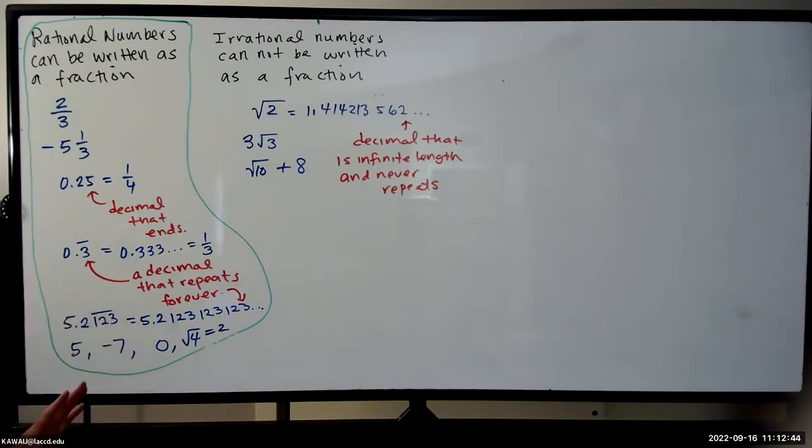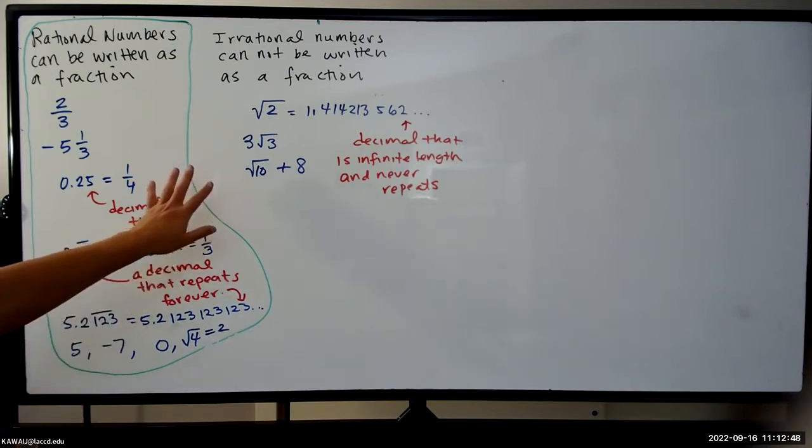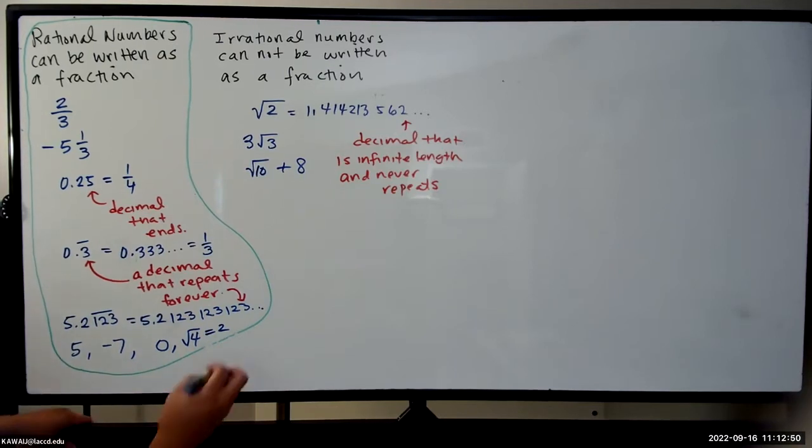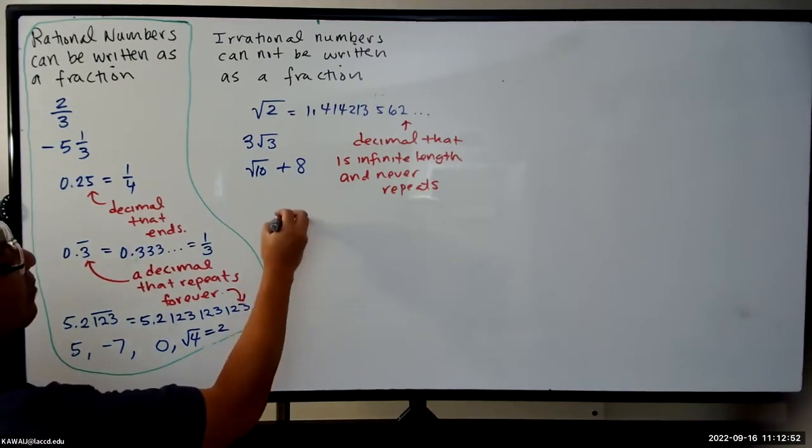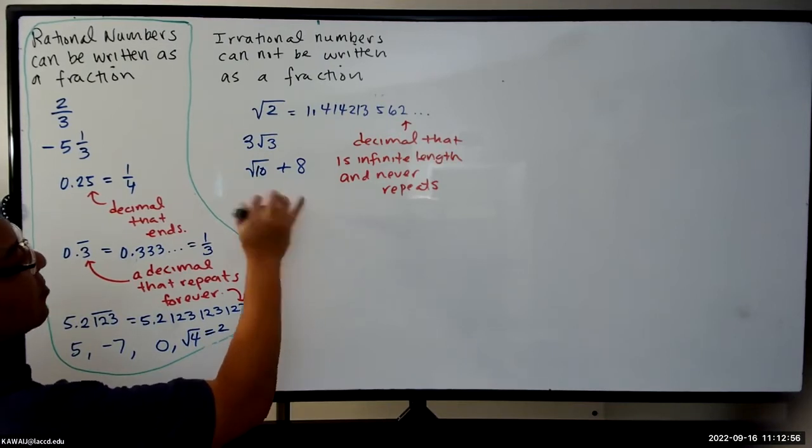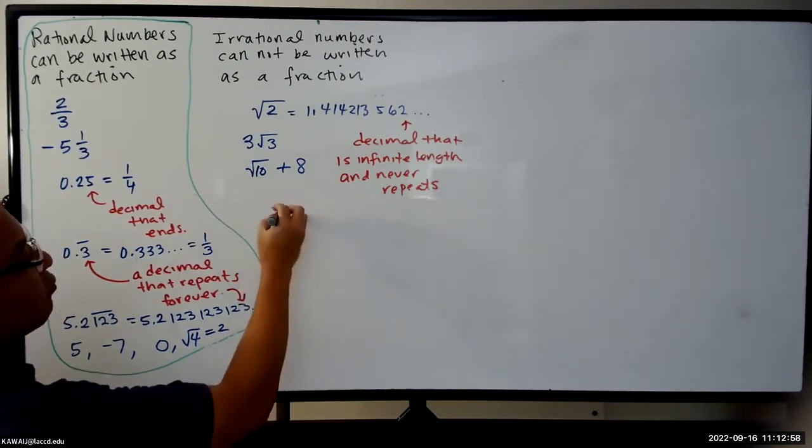It just stays irrational. So number 1 is a square root. Number 2 is a decimal that goes on forever but never repeats.